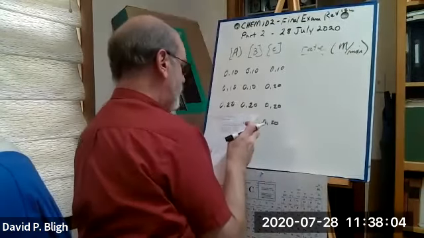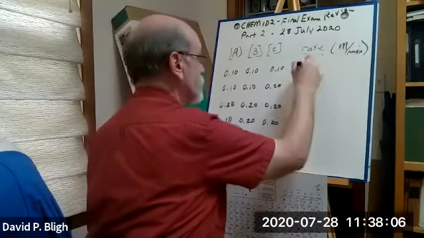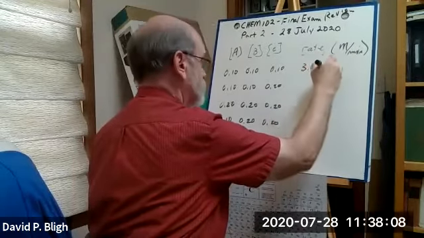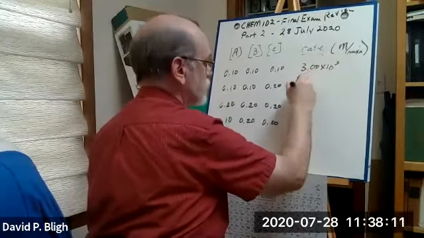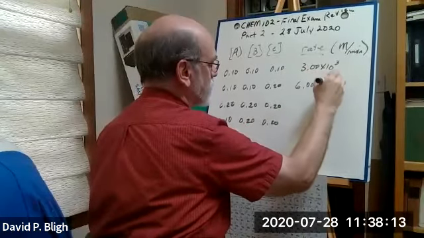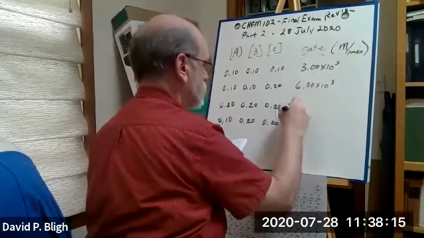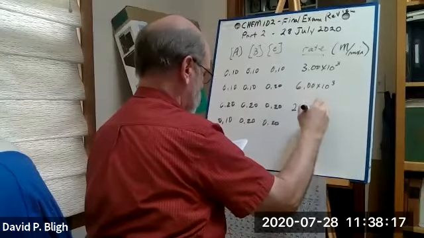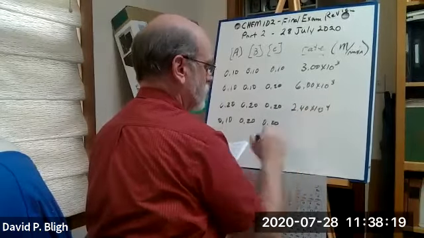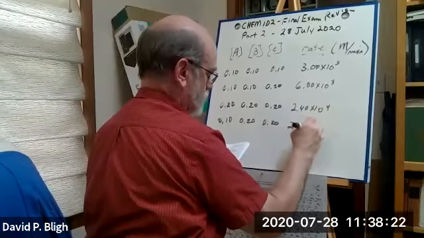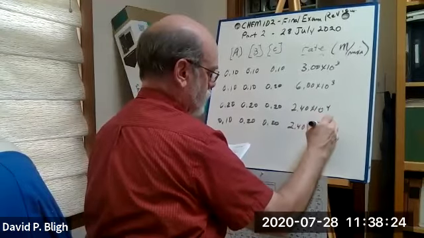The first one is 3 times 10 to the third, 6 times 10 to the third, 2.4 times 10 to the fourth, and 2.4 times 10 to the fourth. There we go.